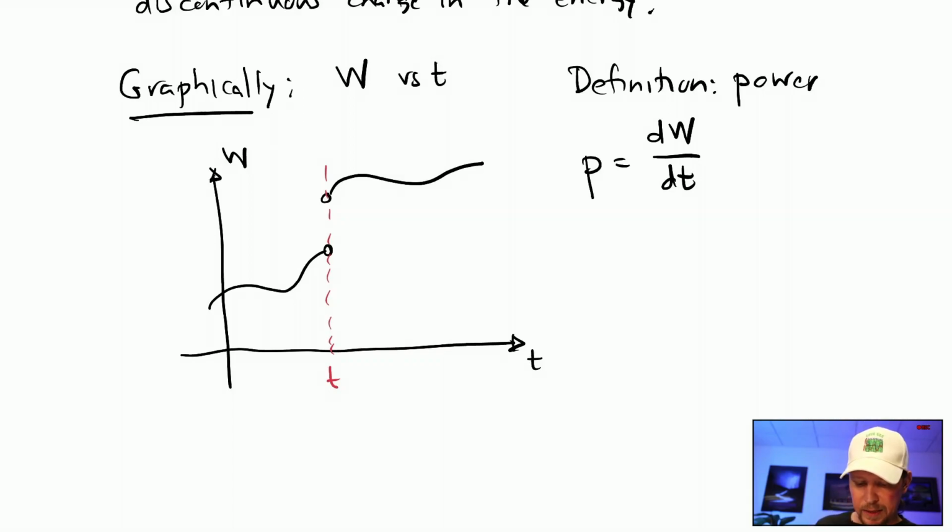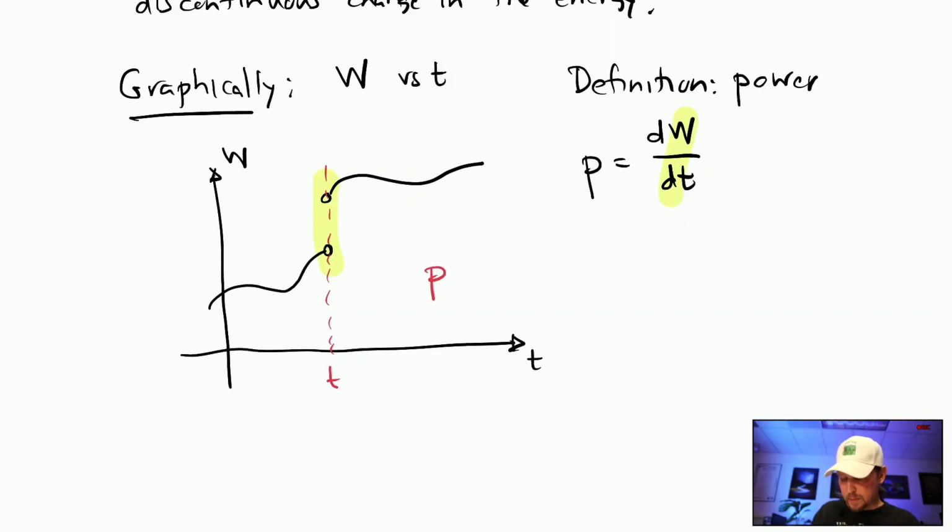And notice that at this particular point, when you actually have that discontinuous jump in the energy, the derivative of this with respect to time, at this time itself, which is the time derivative of the energy, is not defined. It's even worse, it's actually infinite.